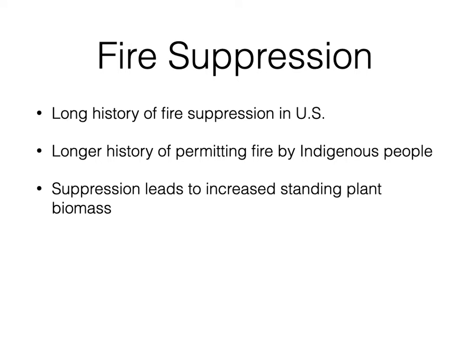And essentially what happens is when you suppress any and all fires on the landscape, you allow the biomass, the smaller plants, to build up. And those smaller plants eventually burn, and there's more fuel then for the fires that are regularly occurring on this landscape.